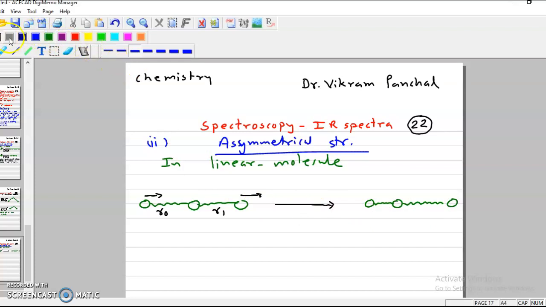So we get new distances. This is called R0 dash and this is known as R1 dash, and these two are different from the original one. Bond length changes in both the cases. And it is clearly visible that R0 is greater than R0 dash while R1 is less than R1 dash.